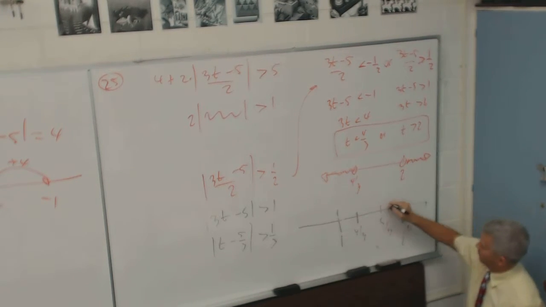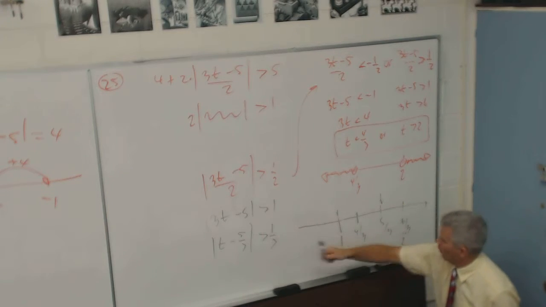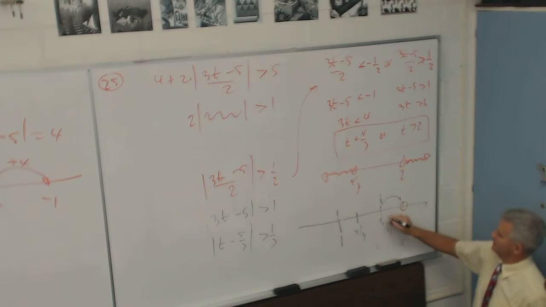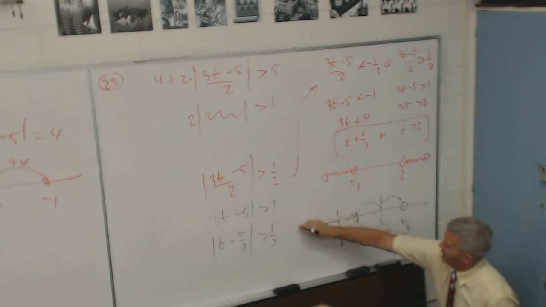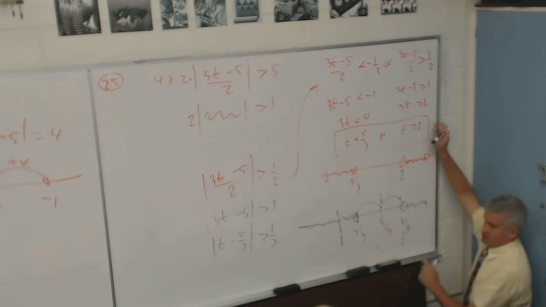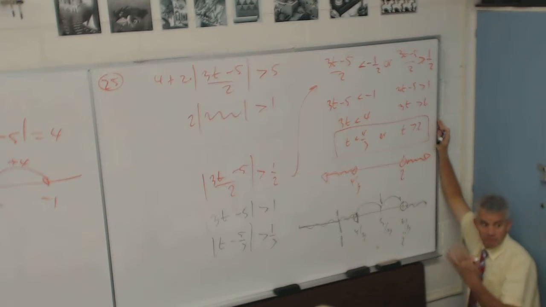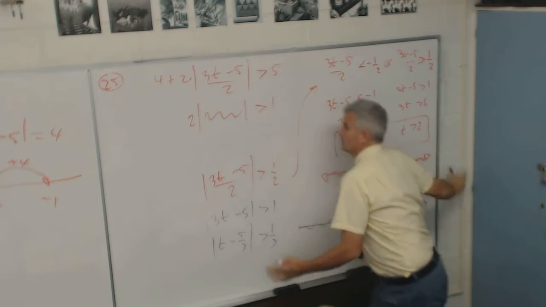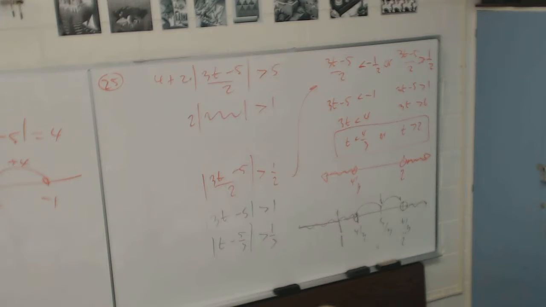And the distance from 5/3 has to be more than 1/3. So I come 1/3 this way, 1/3 that way, and my answer is t is less than 4/3 or t is greater than 2. Mathematics. Correct work leads to correct answers.